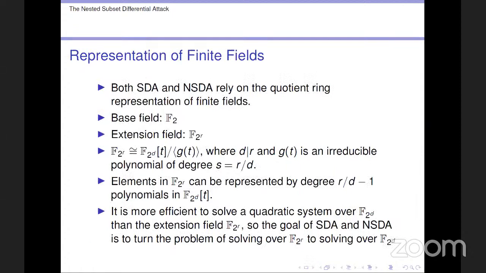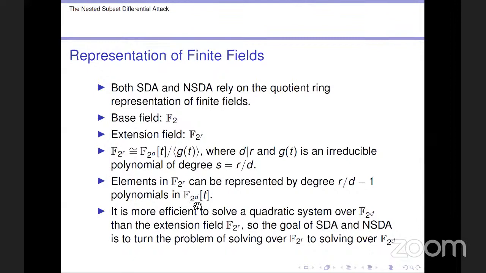In our attacks, SDA and NSDA, we rely on the quotient ring representation of finite fields, which means if I take a base field F2 and an extension field F2^R, I can represent F2^R by the following quotient ring, where D divides R, and G of T is an irreducible polynomial of degree S equal to R divided by D. Elements in F2^R can be represented by degree R divided by D minus 1 polynomials in this polynomial ring.